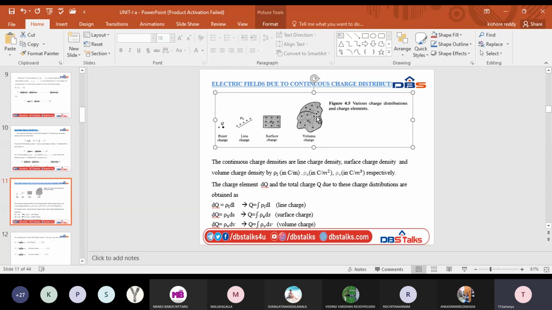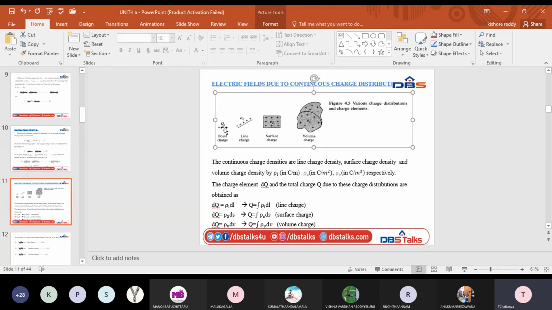Right? So now see here, dq is a differential charge, rho L into dl. Q is the integral of rho L dl for a line charge. Q is the integral of rho S dS for a surface charge. Q is the integral of rho V dV for a volume charge. We consider these formulas, as they are helpful for finding the charges in problems.